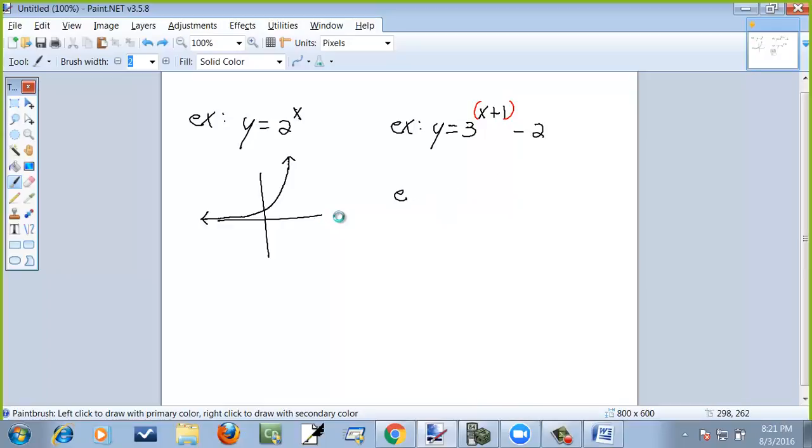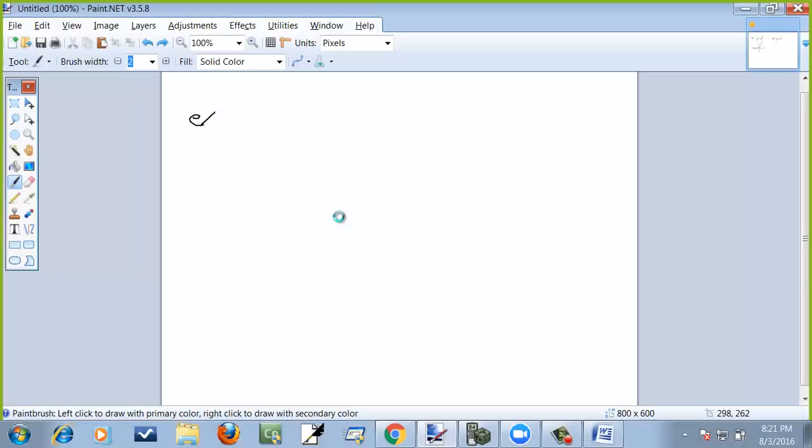Now if you were asked to evaluate, if you got f of x is equal to e to the x minus 4, and it asks you to find f of 3, well, this is just evaluating the function. You go through, and everywhere you have an x, you put in whatever's inside the parentheses. So we'd have e to the 3 minus 4 power.